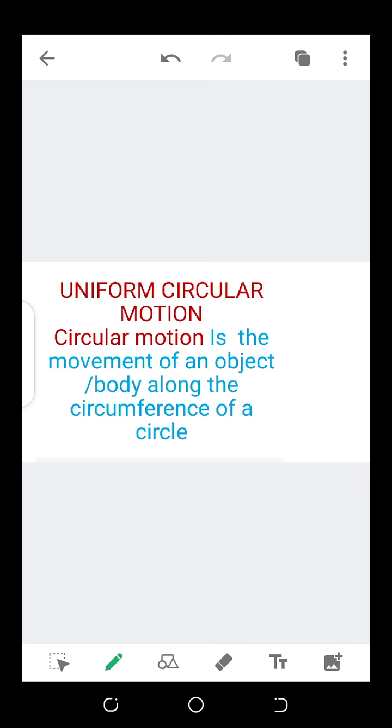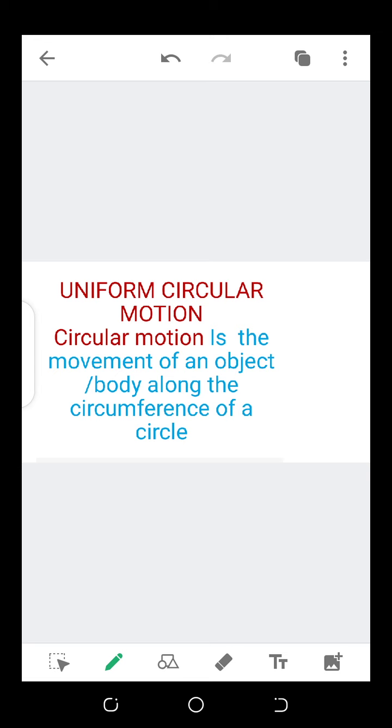Circular motion means something moving in a round path, or movement in a circular path. So circular motion is the movement of an object or a body along the circumference of a circle. Other people take it as a rotation along a circular path.